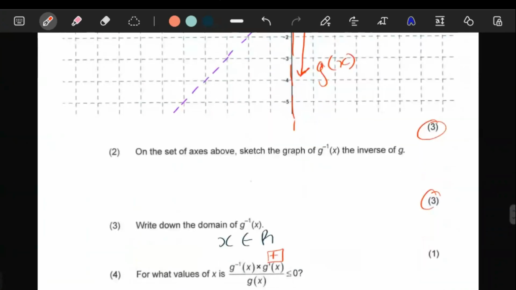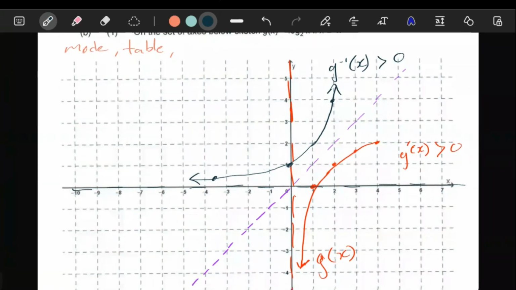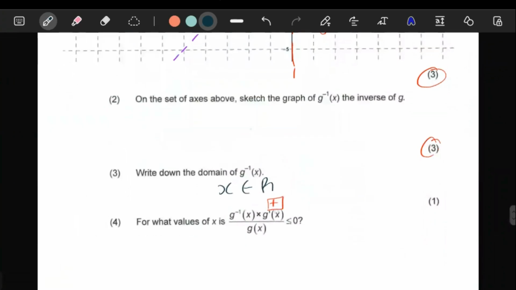Now the y values of your inverse, these are always positive numbers. You see, these y values here, they are all positive y values. So with that being said, let's look at the bottom. The bottom is talking about the y values of g.